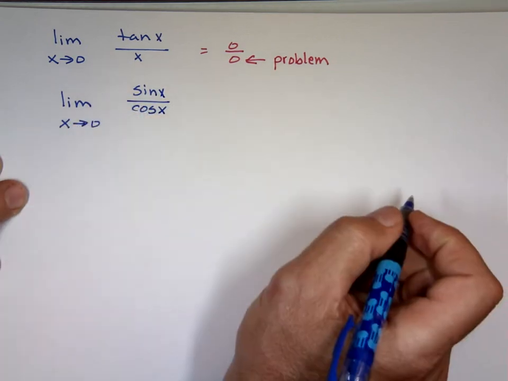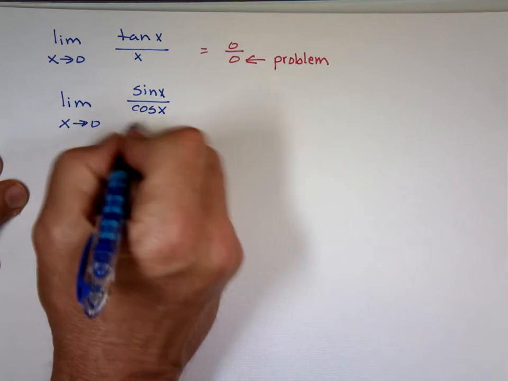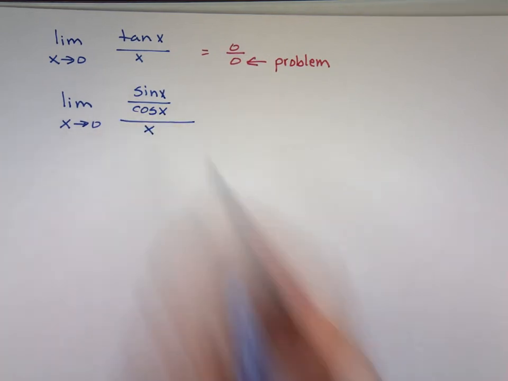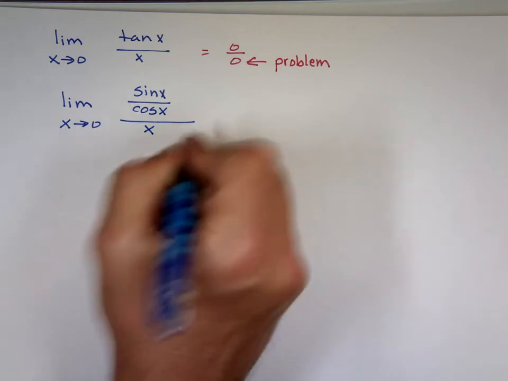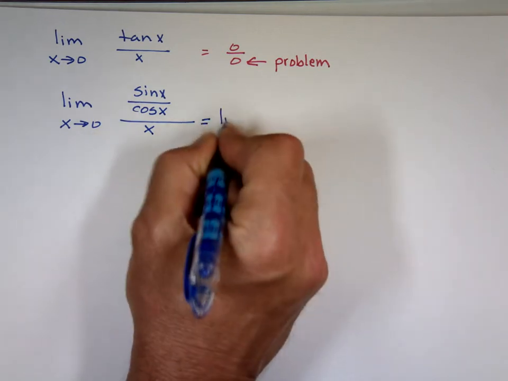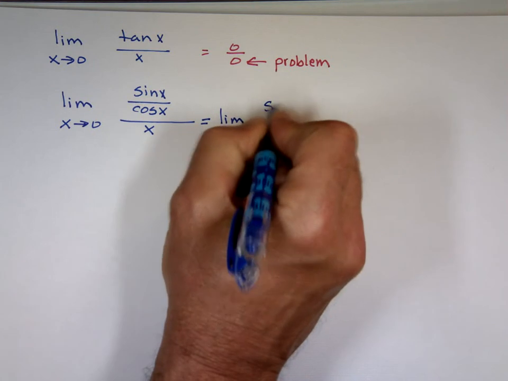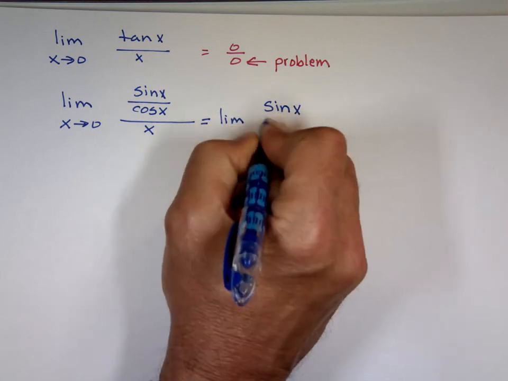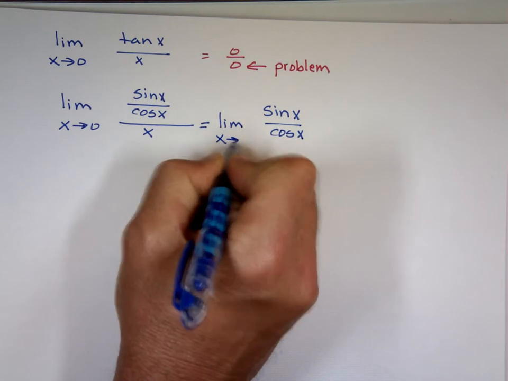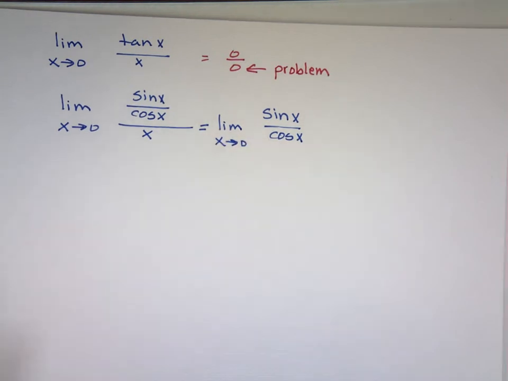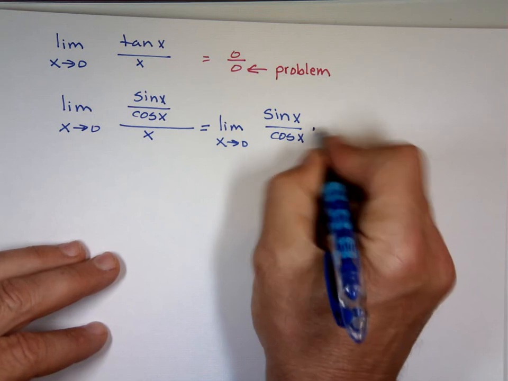Divided by x, right? So this becomes the limit of sine of x over cosine of x. When you're dividing by x, that's the same as multiplication by what? Isn't that 1 over x?